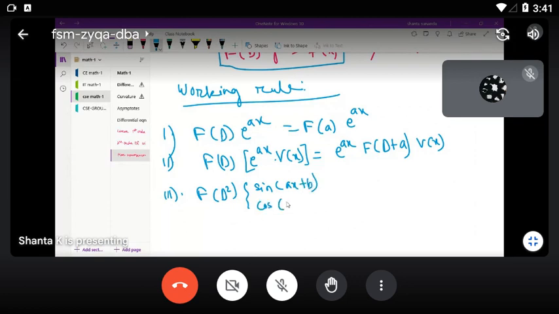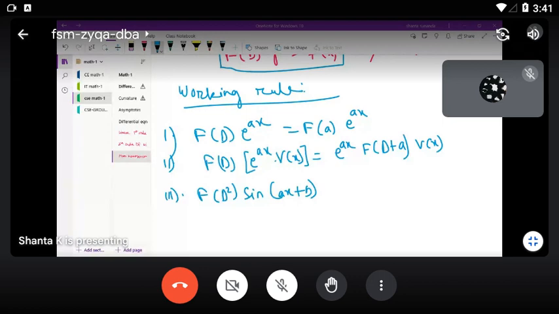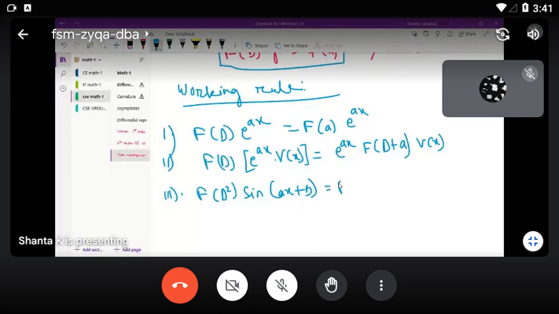This will work for both sin(ax+b) and cos(ax+b). For sin(ax+b), this D squared you can replace by minus a squared, f of minus a squared.